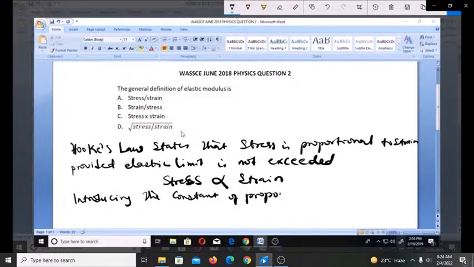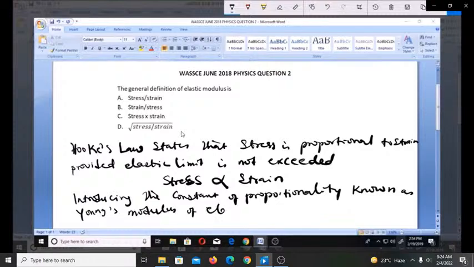If you want to change your proportional sign into equal to sign, you must introduce the constant of proportionality. And this constant for this case is known as Young's modulus of elasticity.